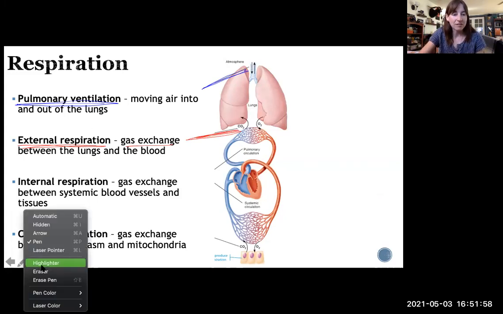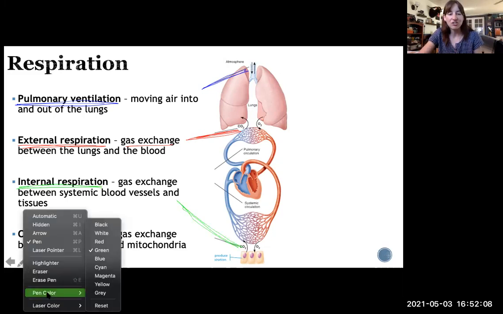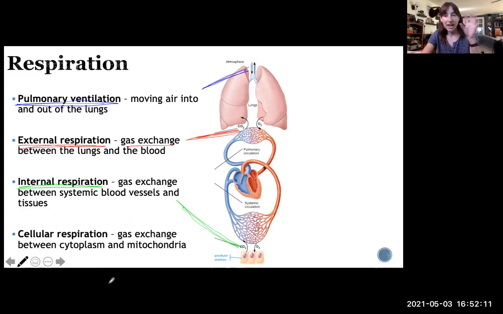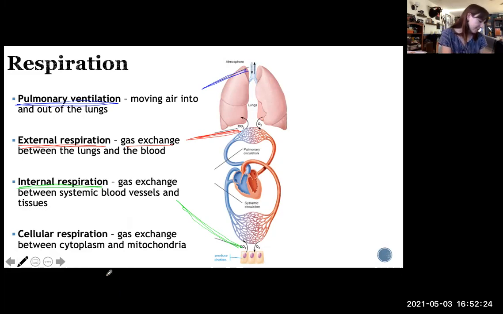Internal respiration, I already said, is largely, in terms of the physics of it, basically the same as external respiration, but it is the exchange of gases, instead of between the air and the blood, now between the blood and the tissues. And then cellular respiration, again, is just the actual using of that oxygen as the final electron acceptor in the mitochondria of your cells, right? There's your mitochondria.